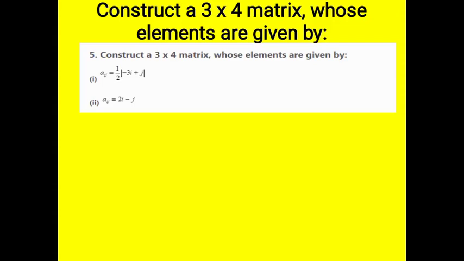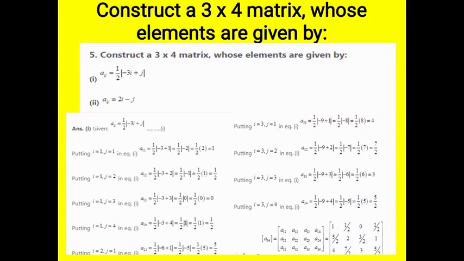That is the element of a12. You have to find 3 cross 4, means 3 rows 4 columns. So you have to find a13, a14 also. So how can you find out a13 and a14? You will find out a13 and a14 by putting i equal to 1 and j equal to 4. When you put i equal to 1 and j equal to 4, you will get the value of 3 by 2.